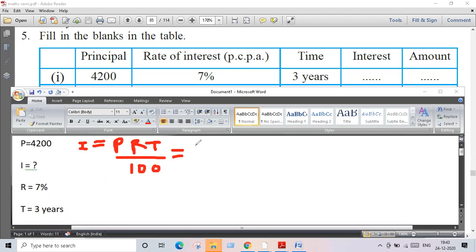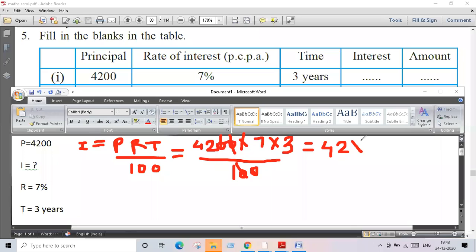So here you get P किती तुमचा 4,200 into R. R is what? 7 into T. T is what? 3 upon 100. 0 0 cut करा and multiplication करा. 42 into 7 into 3. Multiplication kara, you'll get the I. Whatever kara multiplication fast, send me the answer local.